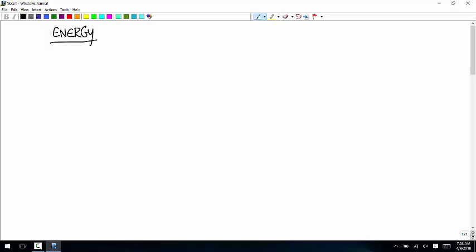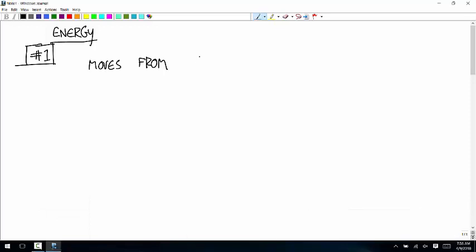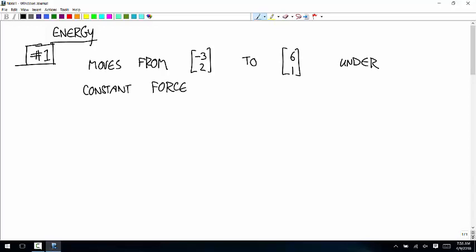Okay, so number 1 and 2 on the energy homework. So number 1, an object moves from the point -3, 2 to 6, +1 under the influence of a constant force, 50, 100 newtons.